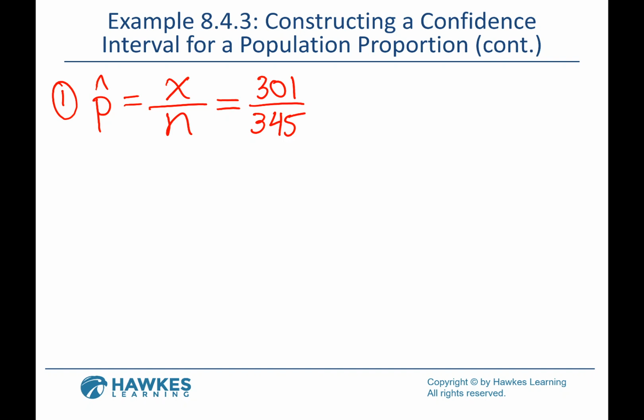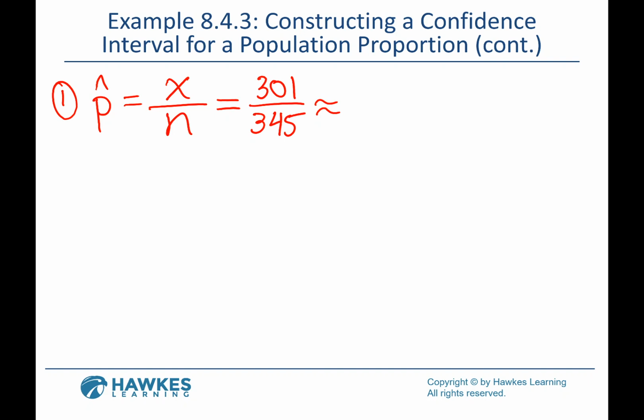But since we're about to use this in our margin of error formula, you could put it in as a fraction, nothing wrong with that. It's a little bit more aggravating to put in the calculator that way, so let's change it to a decimal. So 301 divided by 345. Since we're going to round our final answer to 3 decimal places, we want to leave more than that on our sample proportion so we don't get rounding error.